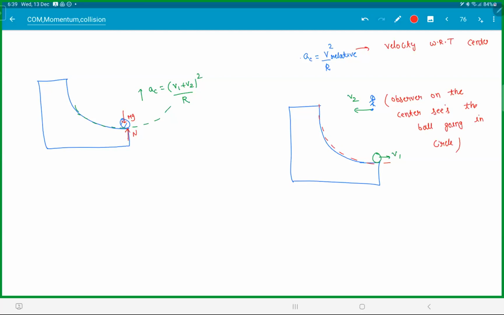So a centripetal is v. Here v relative is v1 plus v2. Therefore, a centripetal will be v1 plus v2 whole square by r.